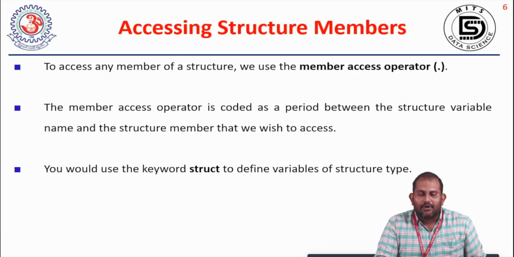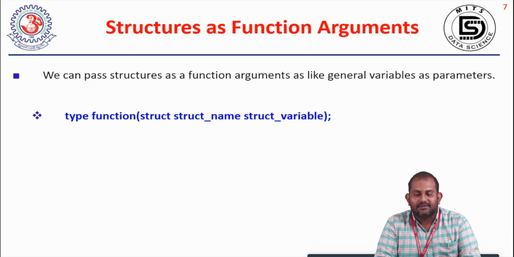Now how are we going to use structures in functions? We can pass structures as function arguments, like general variables as parameters. Like a general parameter, we can pass these structures as parameters to a function.